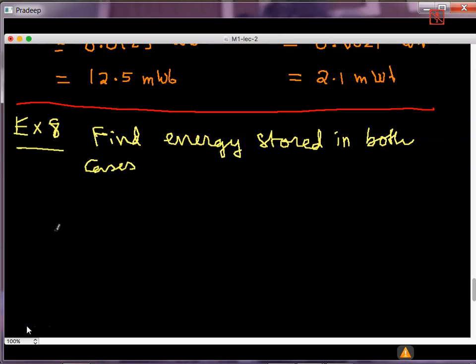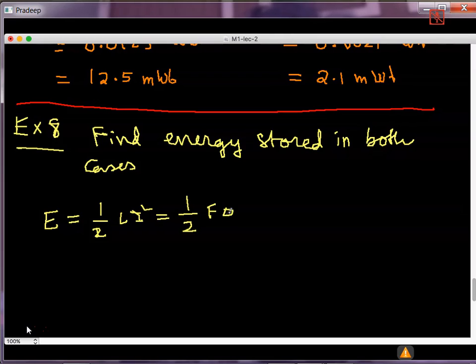So what is the formula for energy? So energy is nothing but half Li square. You might have studied this, which is also nothing but half into F into flux, which is also nothing but half into Ni phi. So can you calculate energy stored in both cases?